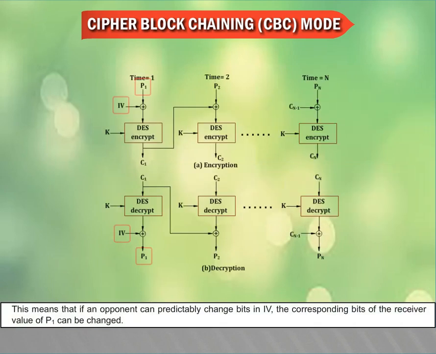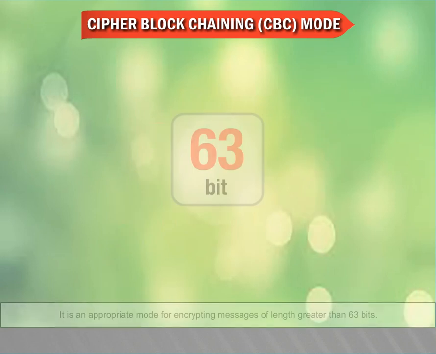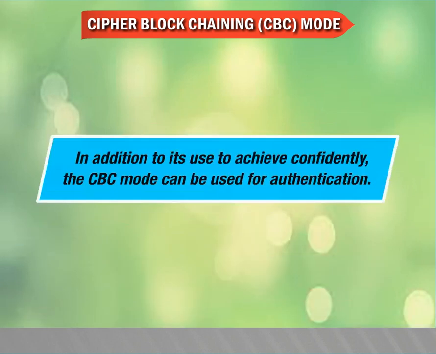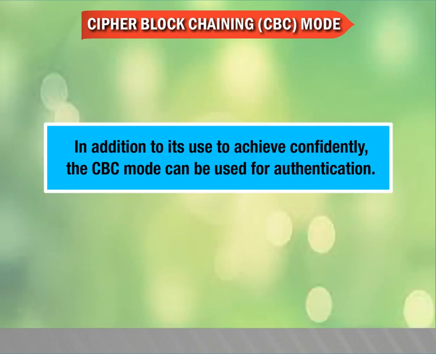This means that if an opponent can predictably change bits in IV, the corresponding bits of the received value of P1 can be changed. It is an appropriate mode for encrypting messages of length greater than 63 bits. In addition to its use to achieve confidentiality, the CBC mode can be used for authentication.